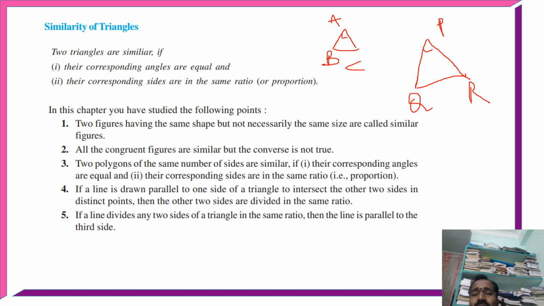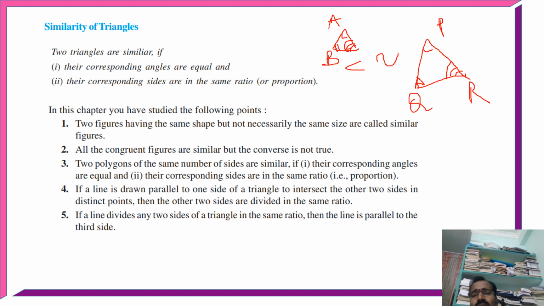Corresponding means in the order you are taking. Here angle A of triangle ABC equals angle P of triangle PQR, angle B equals angle Q, and angle C equals angle R. Then these two are similar.